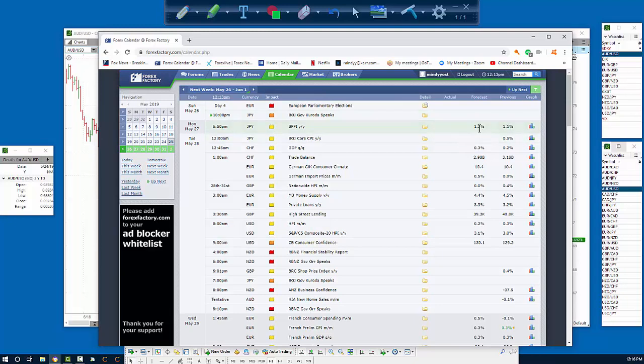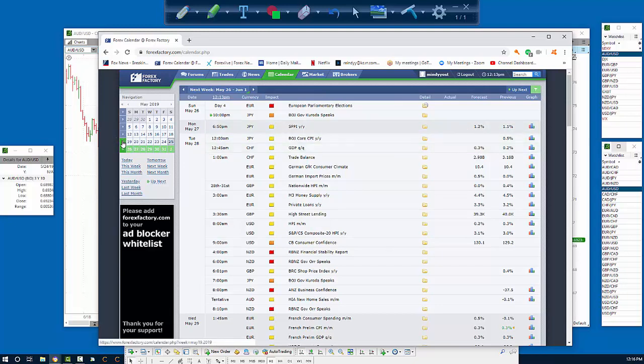Now, when these events actually happen, the calendar will update and give you the actual number that came in. And the difference between the actual number and the forecasted number, depending on how different they are, is the kind of thing that causes Forex prices to move.